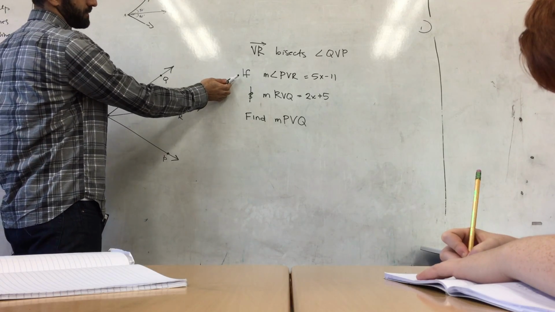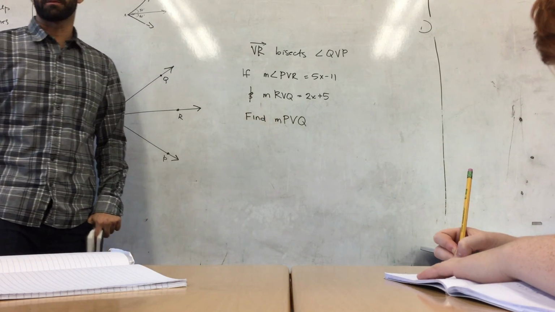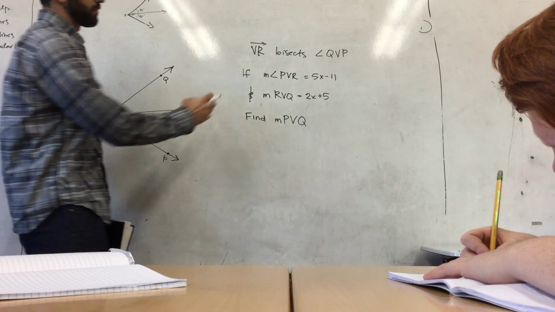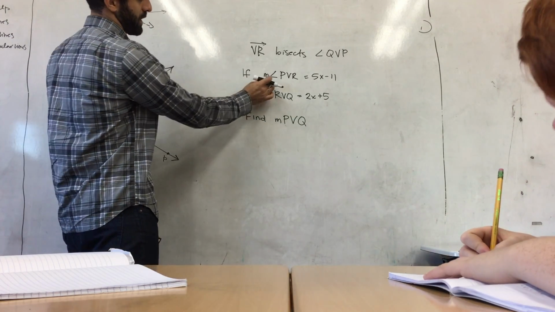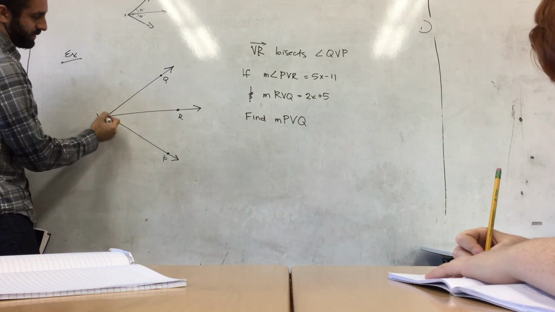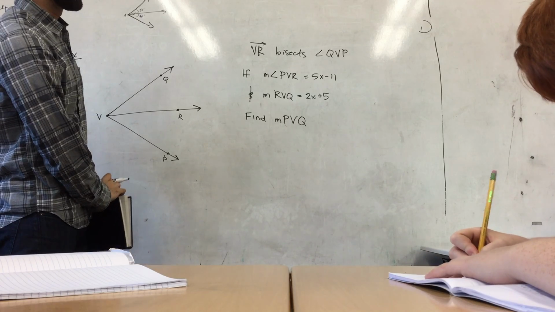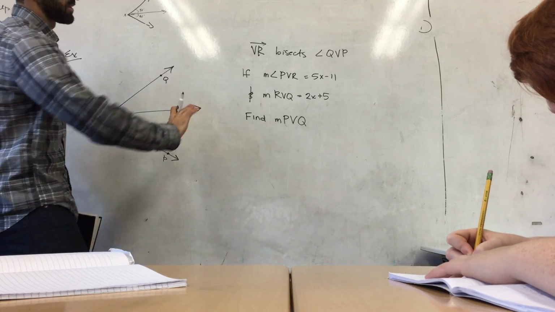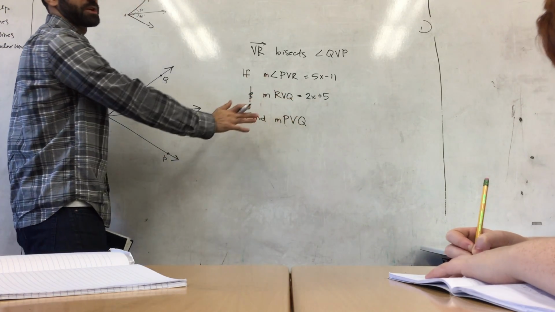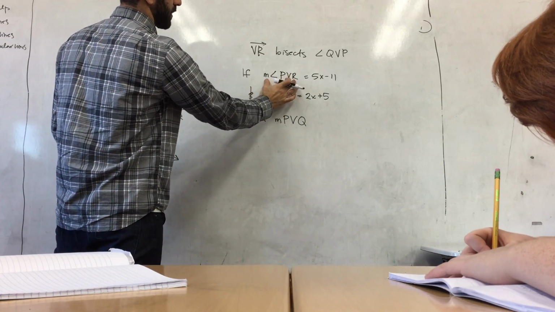What's this first part say? If. And what's this little m right here? You guys remember from yesterday? The measure of. Okay, if the measure of angle PVR, here's PVR, okay? There's no multiplication, no operations here at all. This is strictly telling you something, all right?